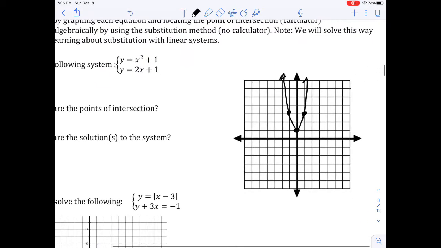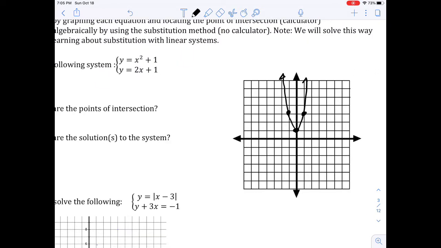Now we're going to graph y equals 2x plus 1. So there's your plus 1 right there, up 1, up 2 over 1. Actually, let's see if I can get that line just a little bit straighter. There we go.